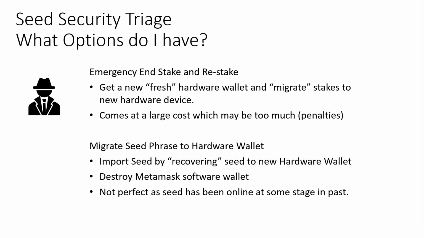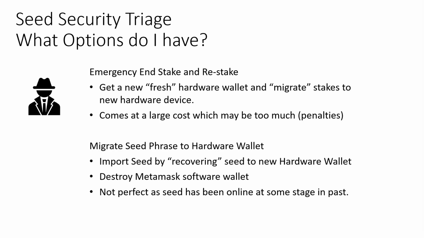And then we could destroy the MetaMask software wallet, so literally delete that vault file from your computer once you've confirmed everything is good, and fire up a fresh install of MetaMask, but then hook it up to your now restored hardware wallet.